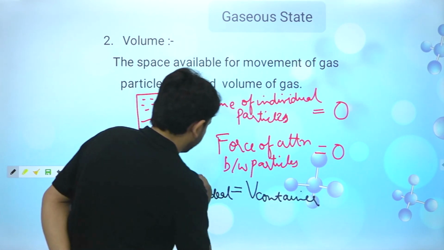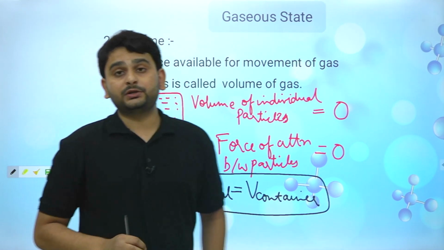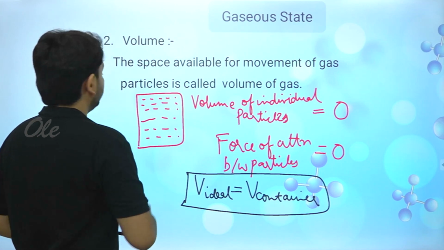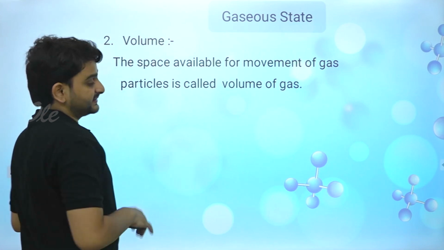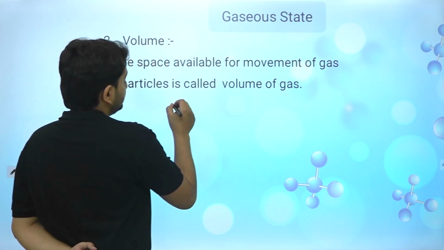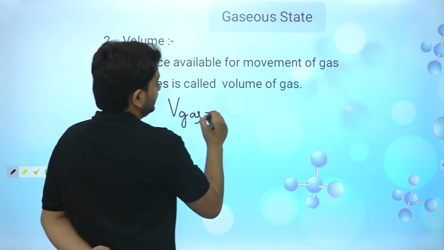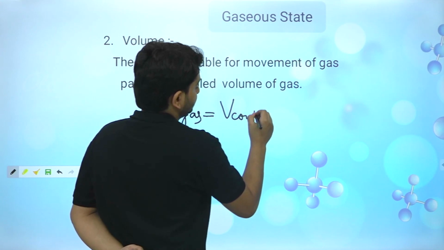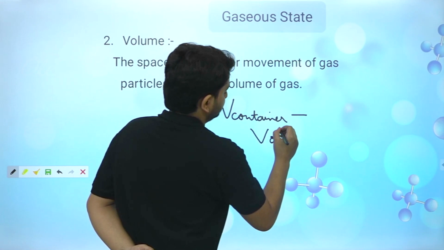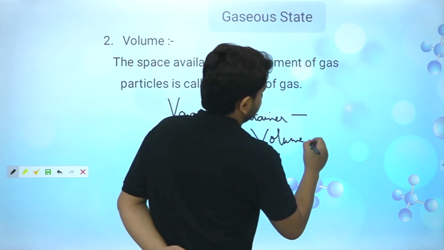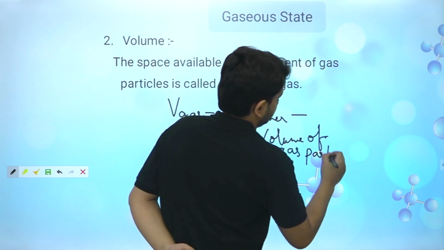But this is not the case when we are talking about real gases. All right. In case of real gases, the particles occupy space, right? So for a real gas, the volume of gas will be equal to the volume of container minus the volume of gas particles, right?